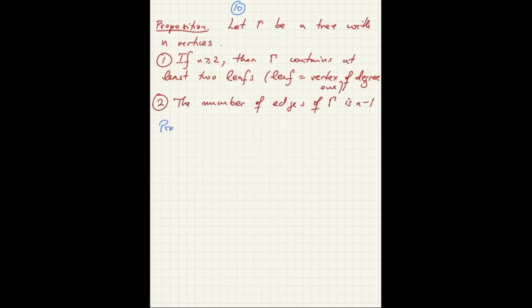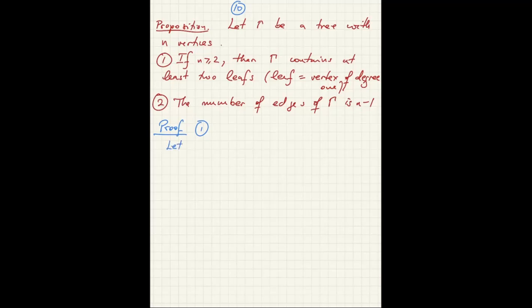Okay, so how do we prove this? The proof for 1 is similar to what we did before. Remember in one of the previous lectures, we showed that if a graph has minimum degree 2, then it contains a cycle. In that proof, we took a maximum path and showed that's how you get the cycle. So we'll do something similar here.